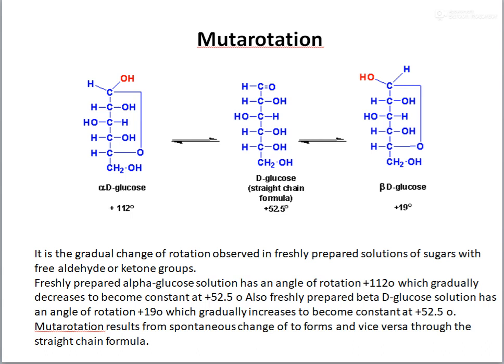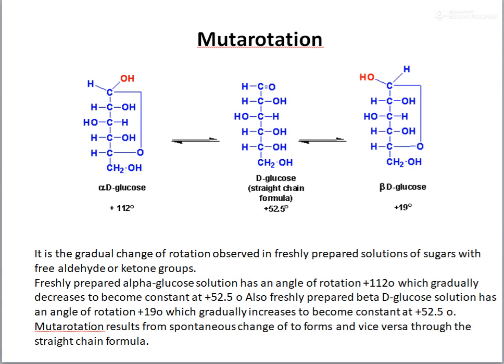Then this will gradually decrease and become stable at about 52.5 degrees. Now, if I take a freshly prepared solution of beta D glucose, it will have a specific rotation of plus 19 degrees, and then it will increase to become 52.5 degrees.